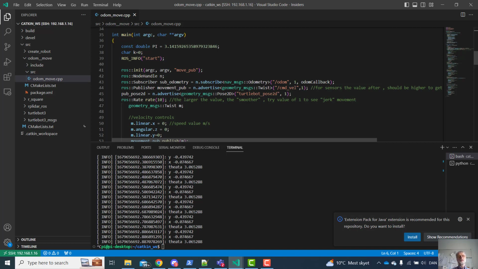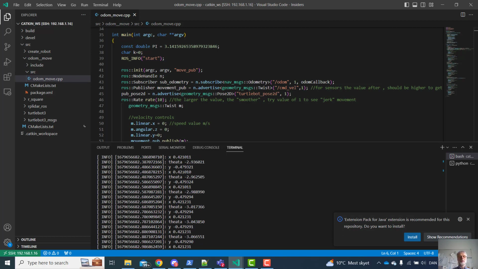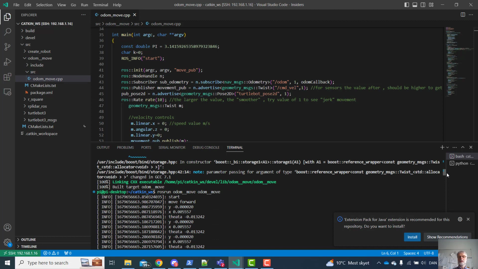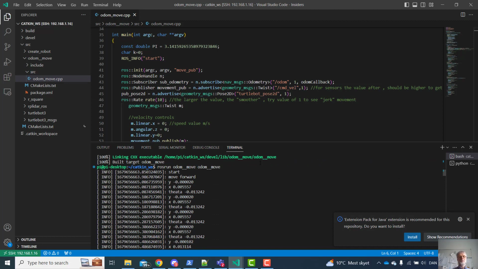If you use that with quotation marks, just as if you know printf, you can use it exactly in the same way. What you see down here is a ROS info where I have printed out the x, y, angle coordinates to follow how the robot is moving and how precise it is.